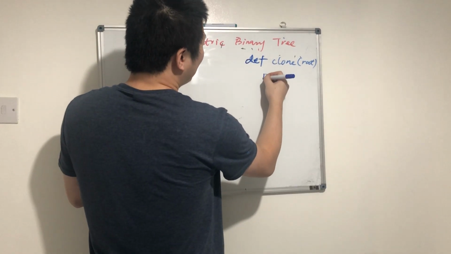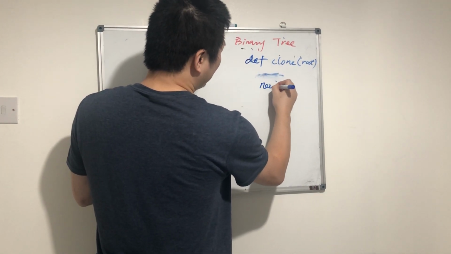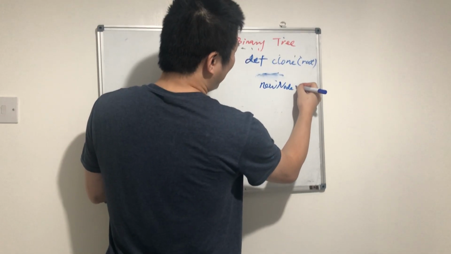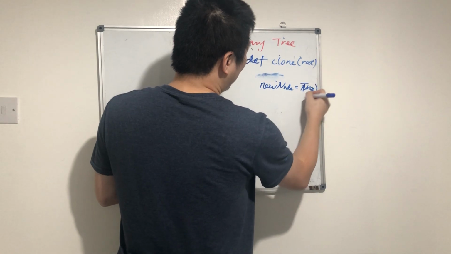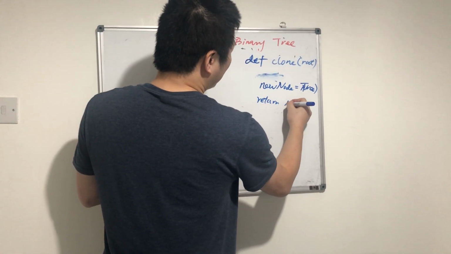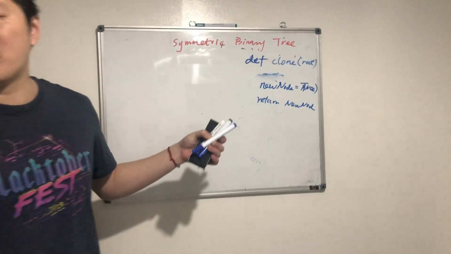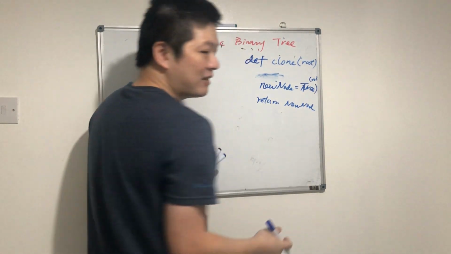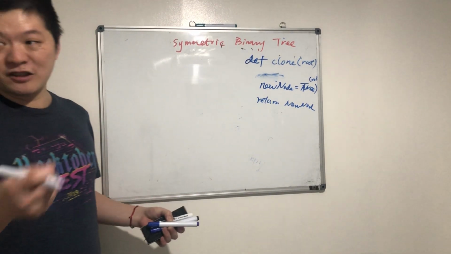I create a node, a new node, let's call it tree, and then return new node. So you just copy this node, but you are not copying its subtrees. Its subtrees are exactly the same as the previous ones. It's just copying a node.